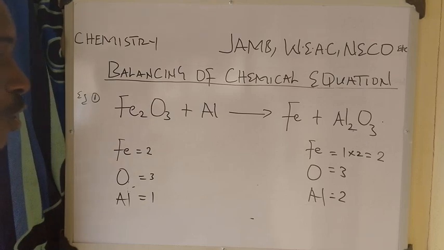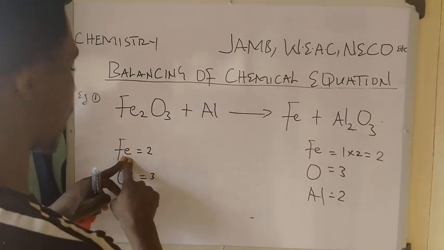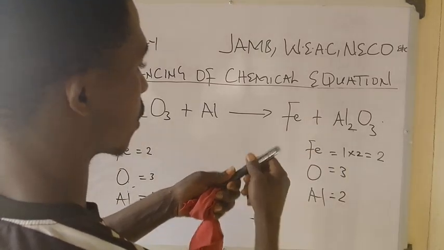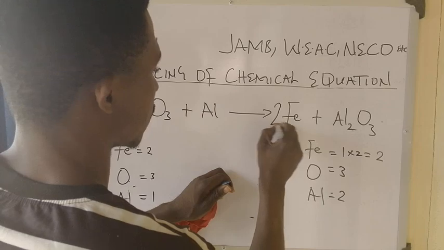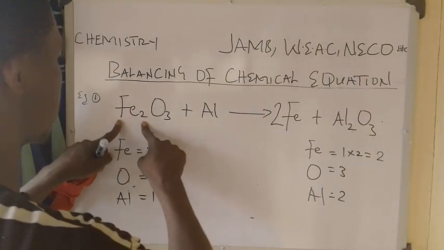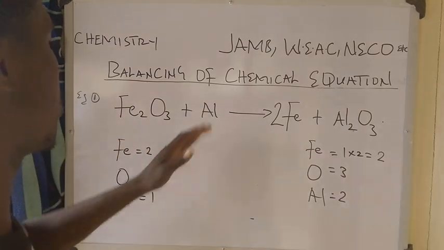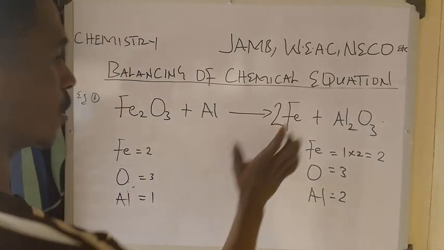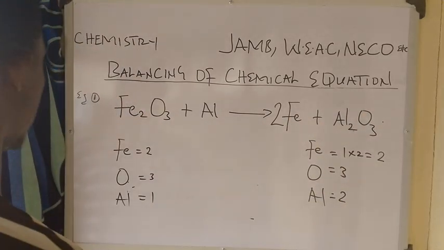Very, very important. So can you see that the number of iron here and here is balanced? So these 2 here, you are going to write it here like this. So you have 2 iron, 2 iron. So it means iron on your left hand side is equal to what is on your right hand side. This very one is balanced.